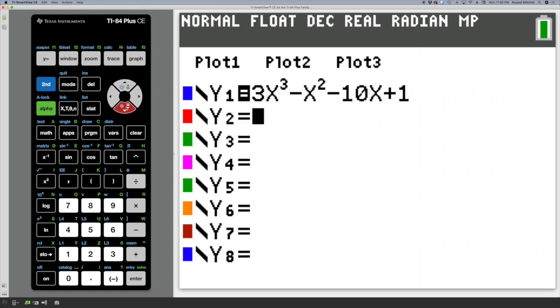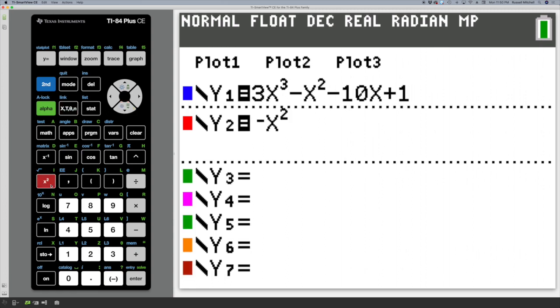Then y2: double check to make sure, 3x cubed minus x squared minus 10x plus 1. Then negative x squared, plus 2x, and minus 1.